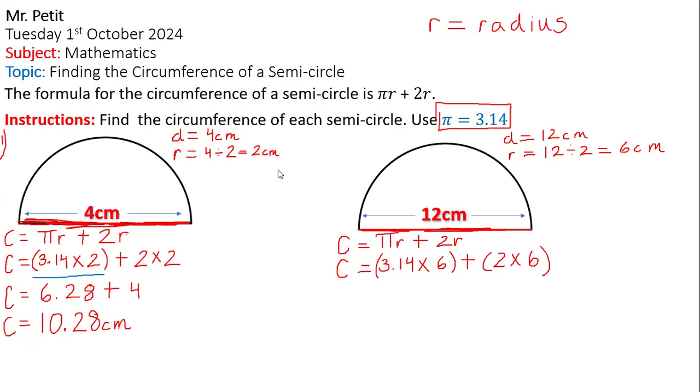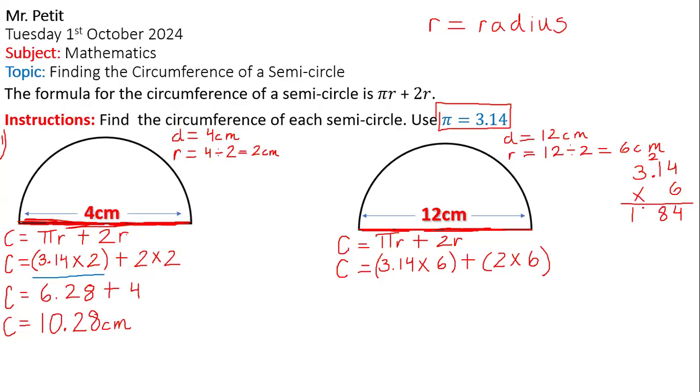So tell me what we're going to do. Okay, so we're going to do 3.14 multiplied by 6. 6 times 4 is 24. Put the 4 down, carry the 2. 6 times 1 is 6, plus 2 is 8. 6 times 3 is 18.